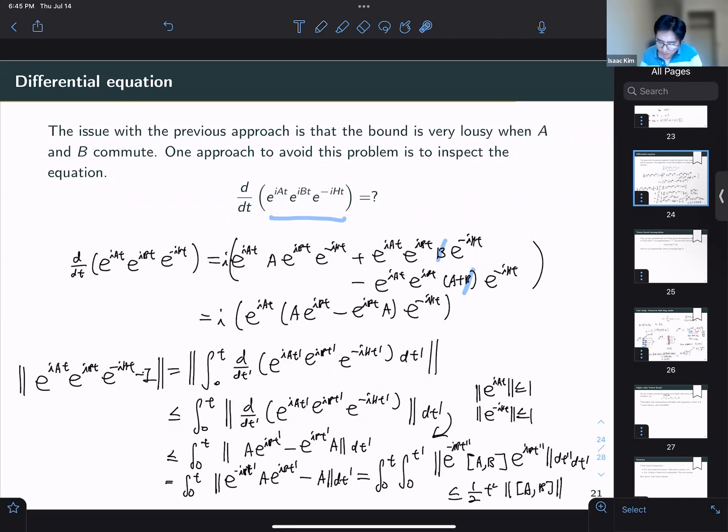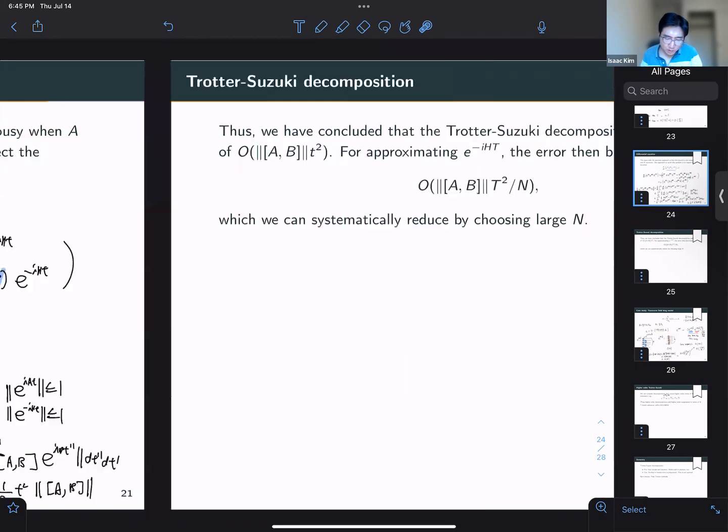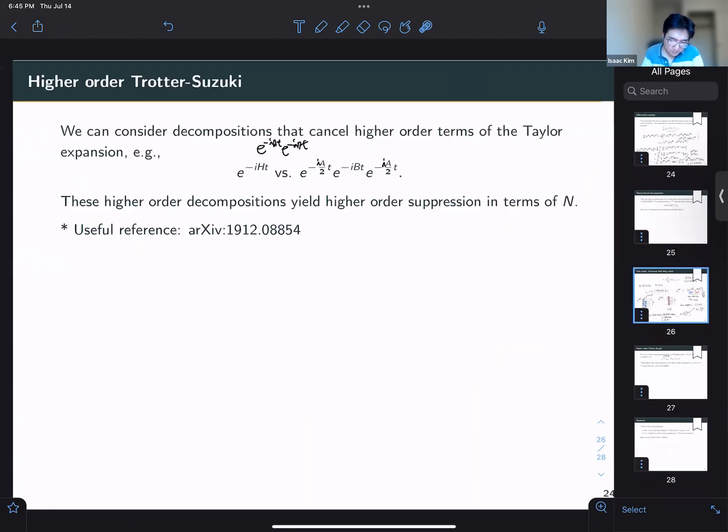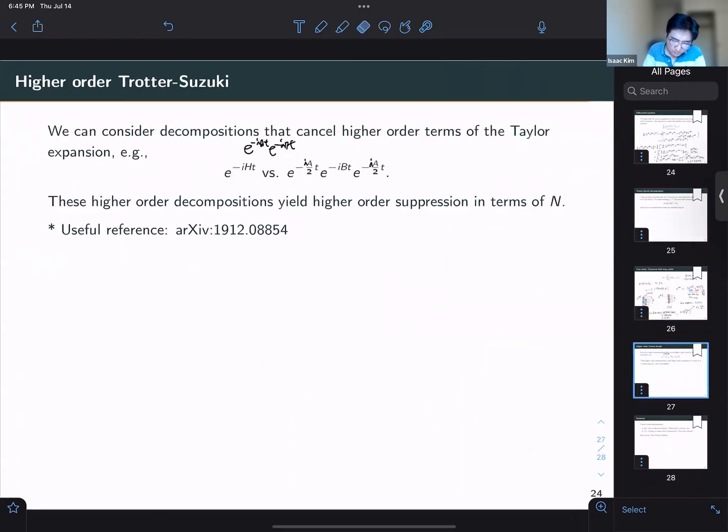But when A and B are not Hermitian, this will not be upper bounded by 1, so you might get something that is exponentially blowing up with the system size. I should note that this reference talks about all of this, even when things are non-Hermitian.